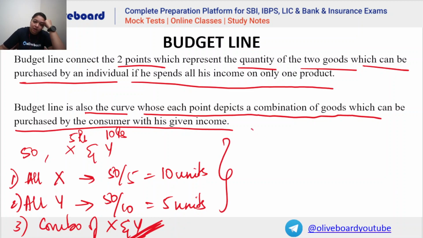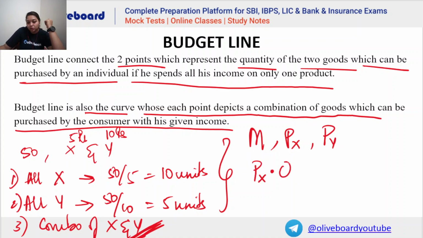Now let us say budget is M, price of X commodity is PX, price of Y commodity is PY, right? So PX into QX, where QX is the quantity of commodity X purchased, will give his spending on commodity X, right?